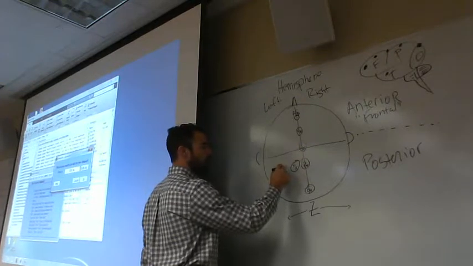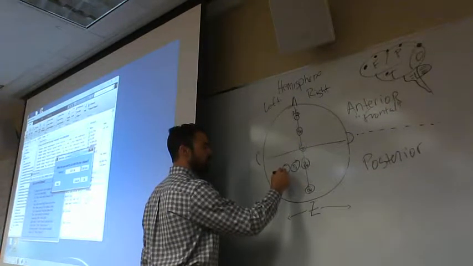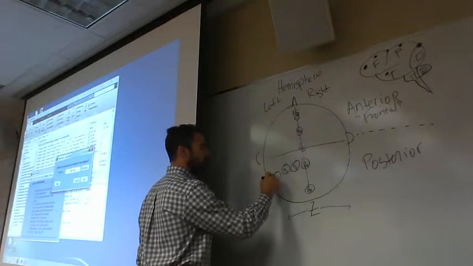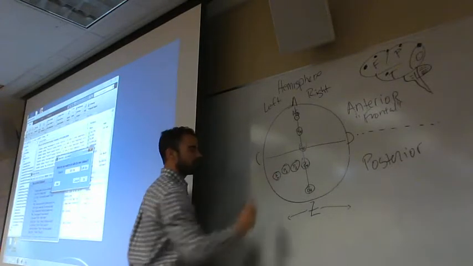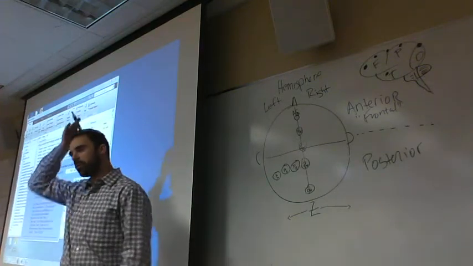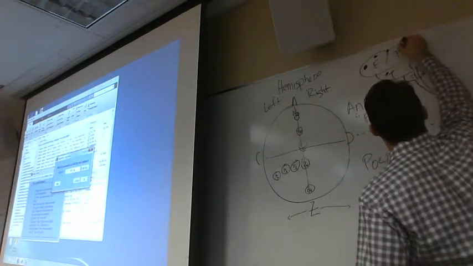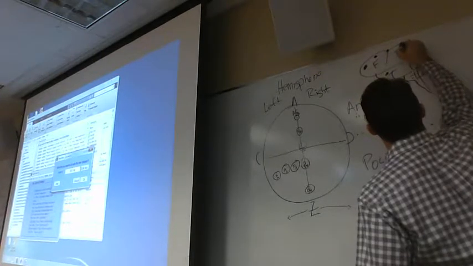Move a little bit more lateral, it's going to be P3. A little bit even more lateral, it might be P7. So that's coming all the way down. This is our PZ there, then 1, 3, 7.